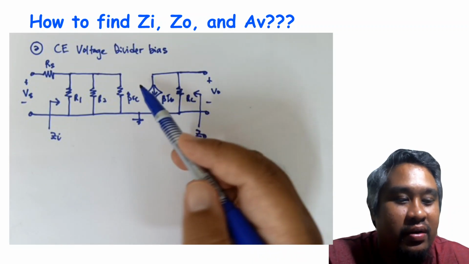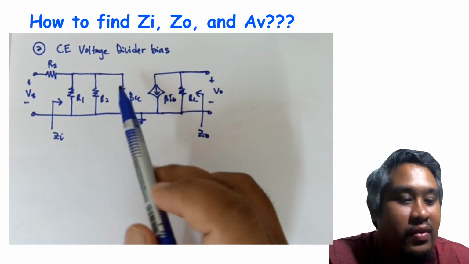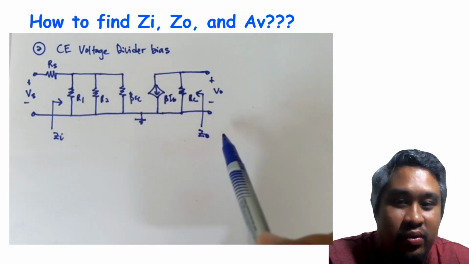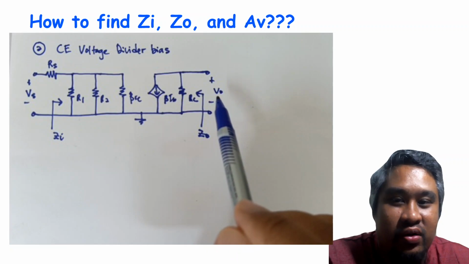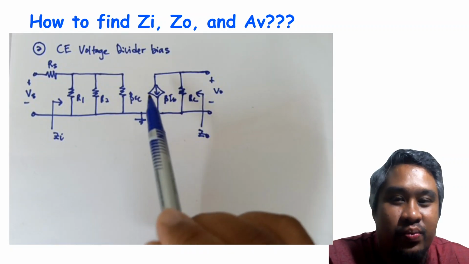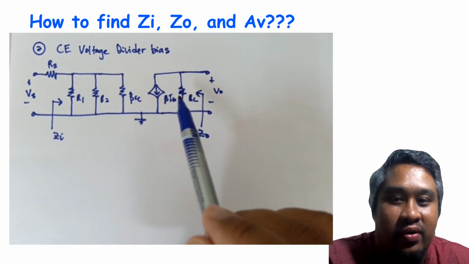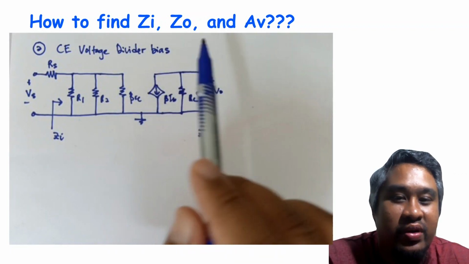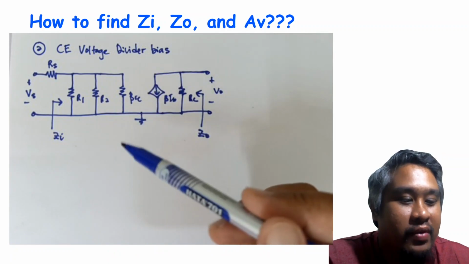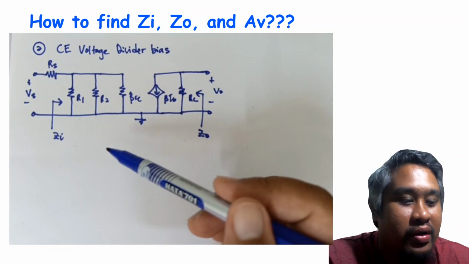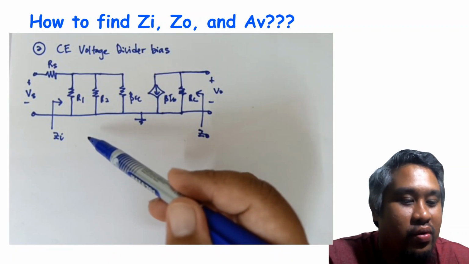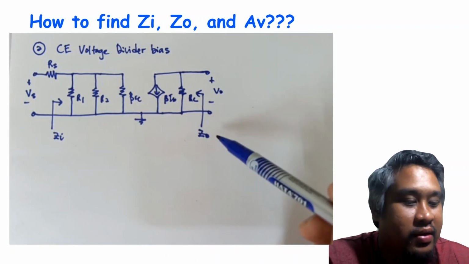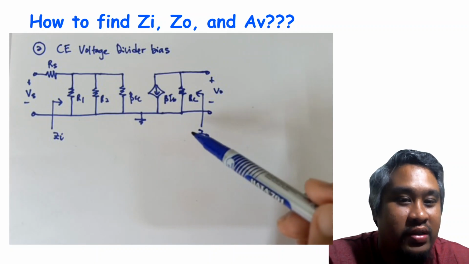Now this is a complete RE model for the common emitter voltage divider bias configuration. Let's find the ZI, Z out, and voltage gain AV.